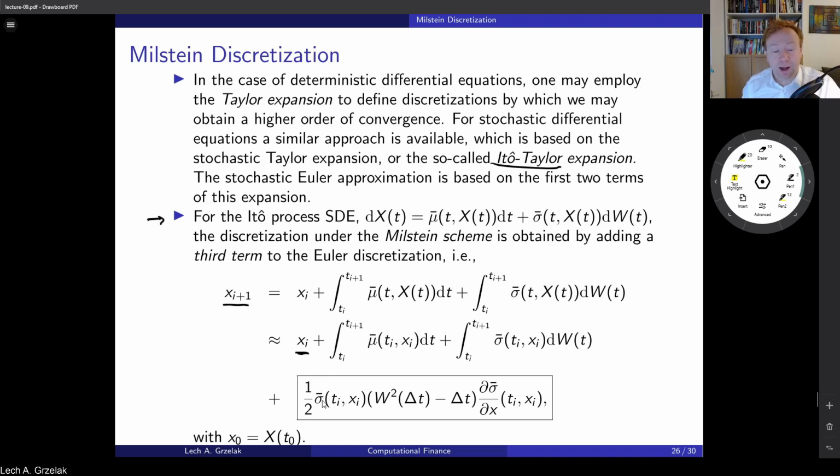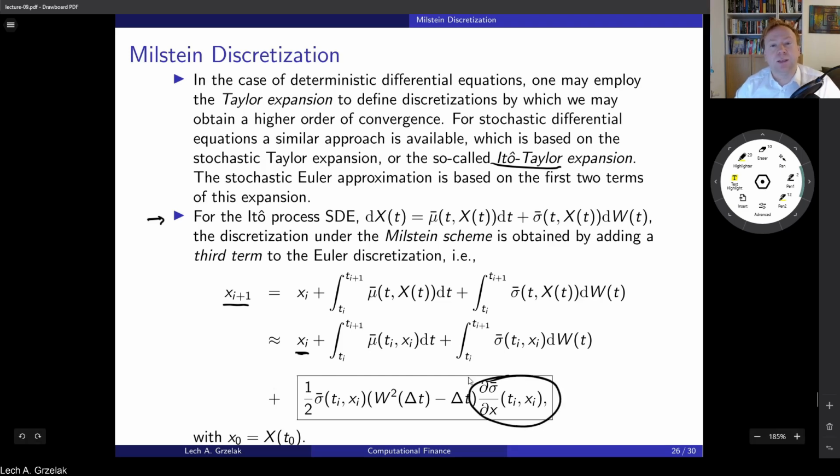You can see there is a half of sigma, (W squared dt minus dt), and then we have a derivative of the volatility term with respect to the state variable x. So essentially, once we have implemented the Euler scheme, we can simply add this additional term in order to switch from Euler to Milstein. Of course, everything depends on availability of this derivative.